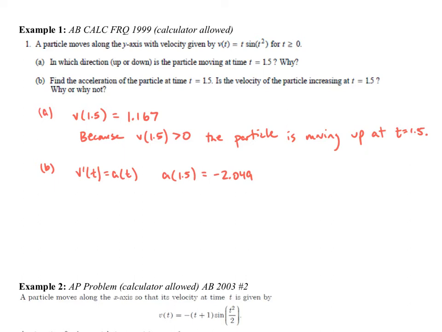So remember, just think back to what a derivative gives you. A derivative gives you slope. So if we're looking for the velocity increasing at 1.5, we want to look at its derivative, which is acceleration. If the acceleration is positive, velocity increases. If the acceleration is negative, velocity decreases because it's the derivative of velocity and it communicates increasing versus decreasing.